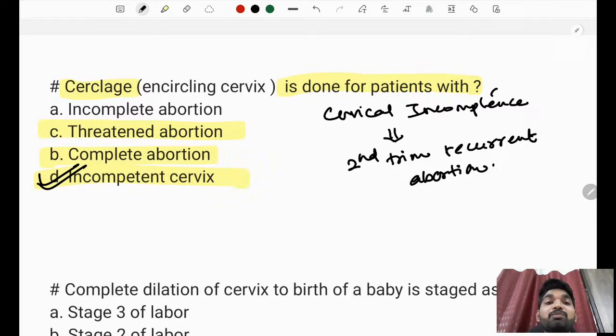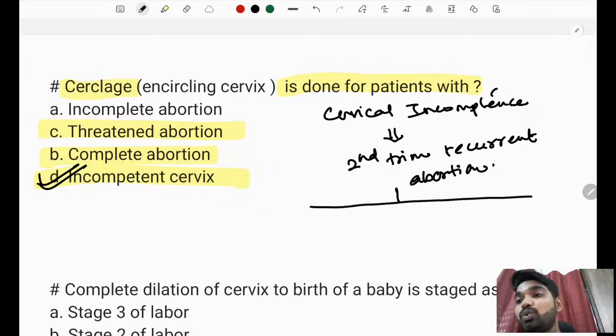The woman comes to you with second trimester recurrent abortion, and in this case you will stitch the cervix. Since the cervix is losing its tone, you will stitch the cervix and send her back home.